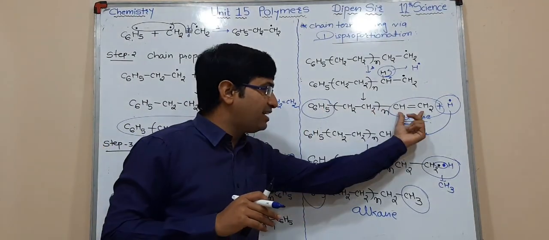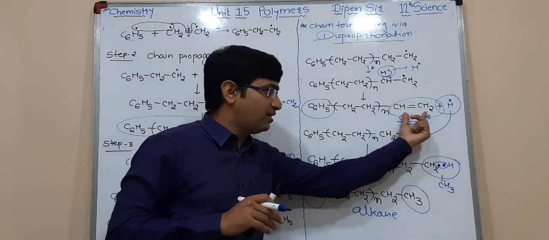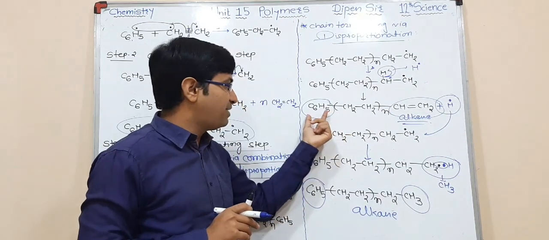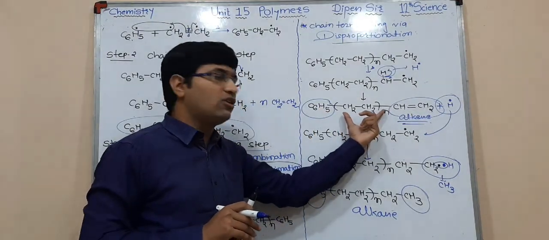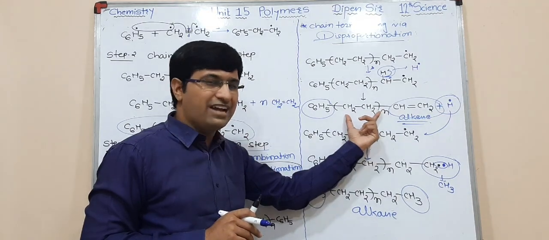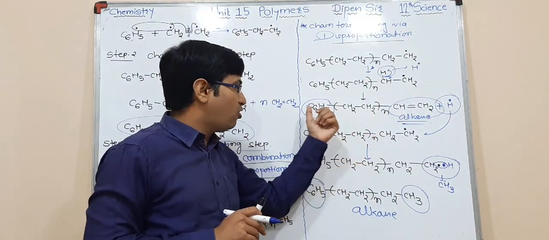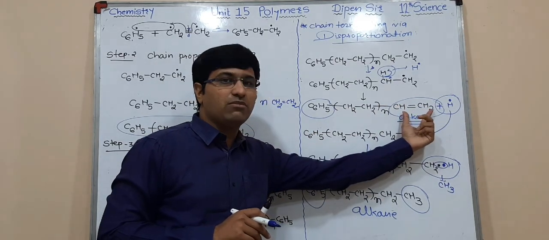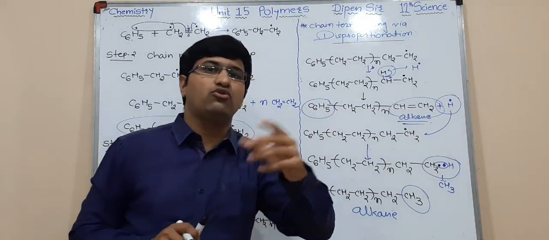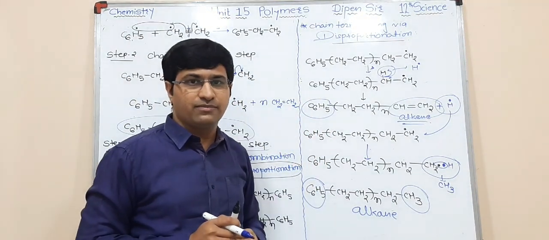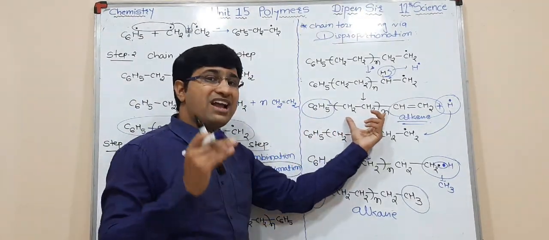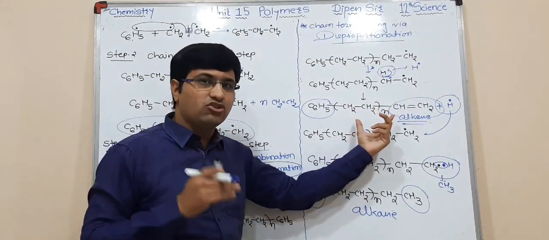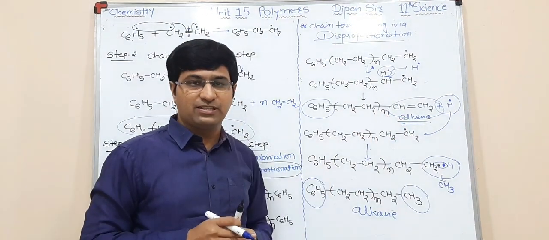Only the terminating ends, the head and the tail, are different. If we have crores of CH2 CH2 units and in that only one end is C6H5 and the last one is CH double bond CH2, that is not going to affect our product because we have n times CH2 CH2. That's why this reaction is also known as a polymerization reaction.